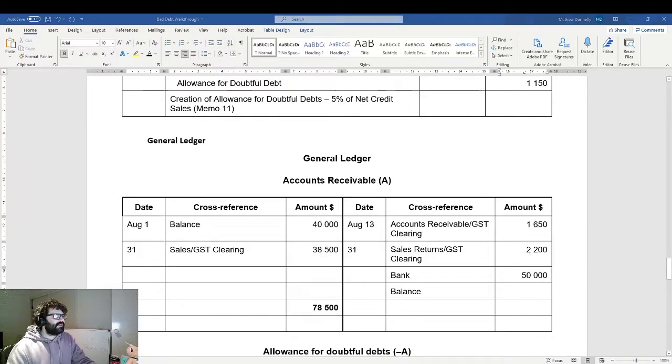So we go 78,500. 78,500 minus 1650 minus 2200 minus 50,000 will give us 24,650.